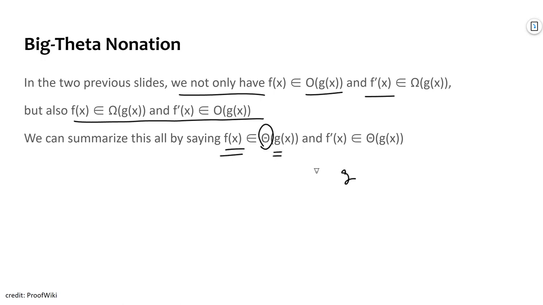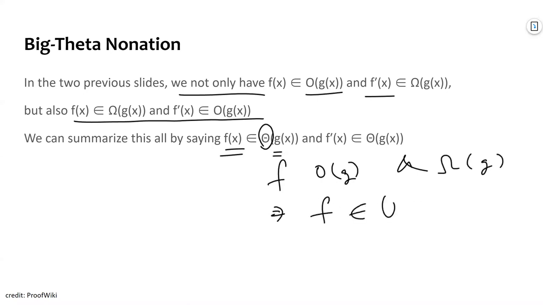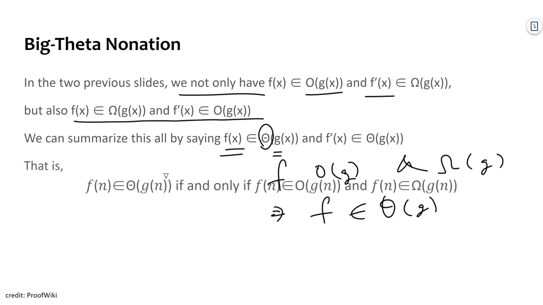So if g is both big O and big omega of f, then we say f is in the family of big theta of g, okay? That means g can be in the family of big O and the family of big omega for f. So this is our notation.